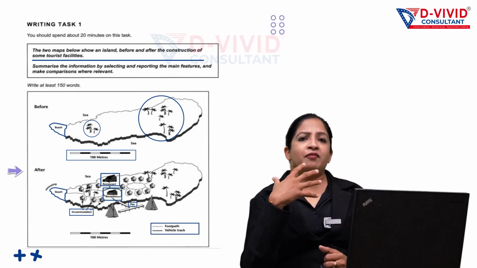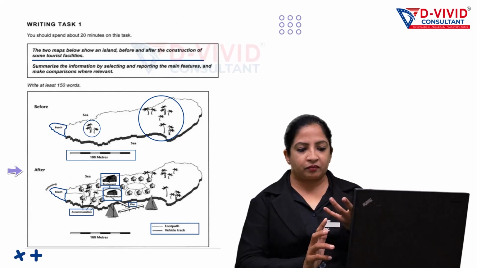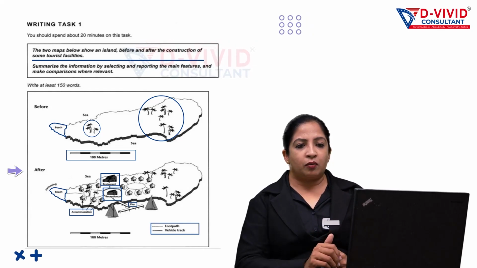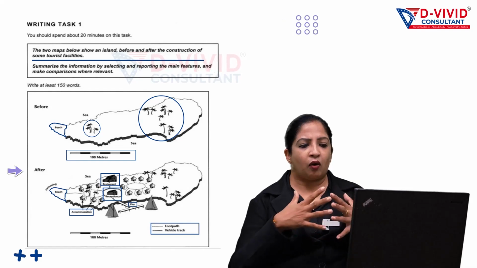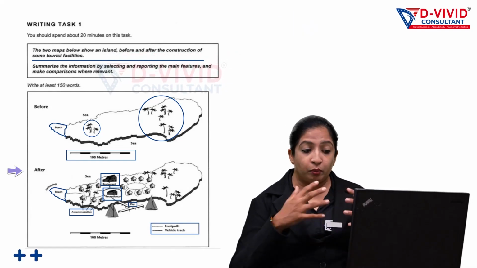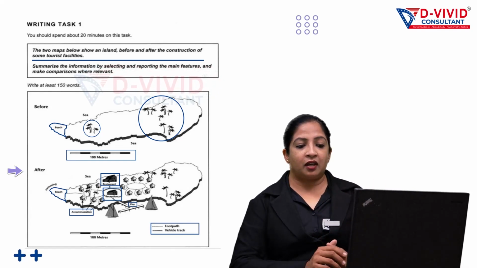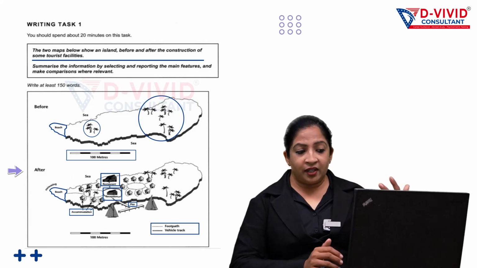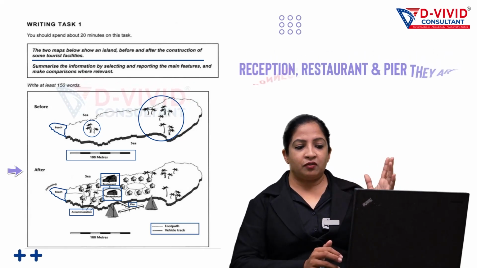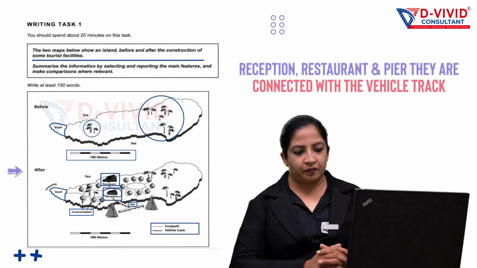And further, if I want to give clarity on the organization of the accommodation, what should I say? Can I say that they are structured in a circular form? Yes, I can, both of them. And they are interconnected, joined with the footpath. On the other hand, the reception, restaurant and pier are connected with the vehicle track.